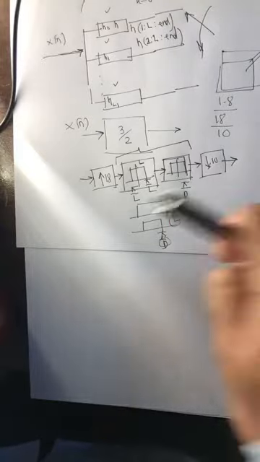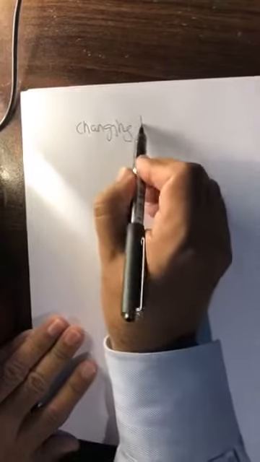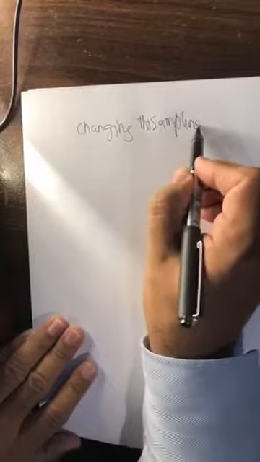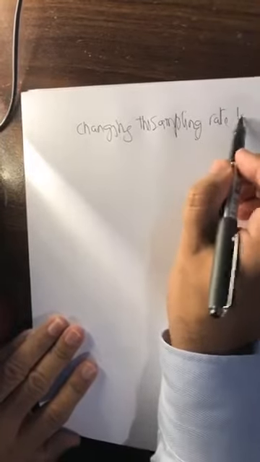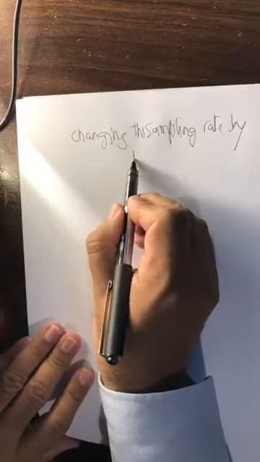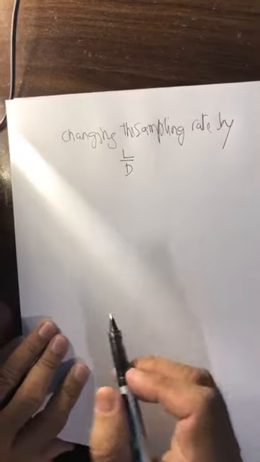So changing the sampling rate is a very fundamental operation in signal processing, and this is not a big deal. Changing the sampling rate by L over D. How do you change the sampling rate by L over D?